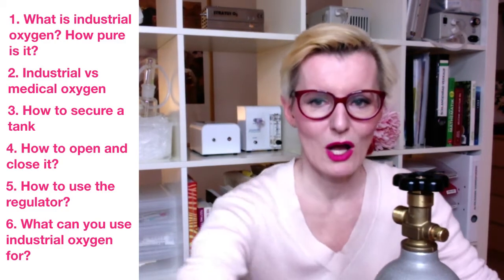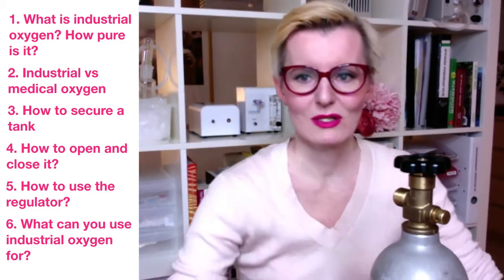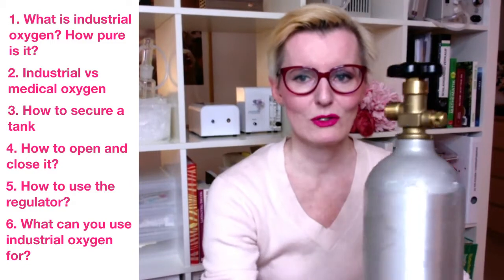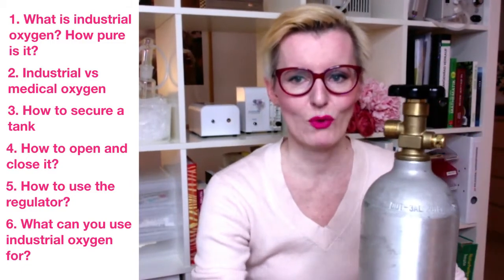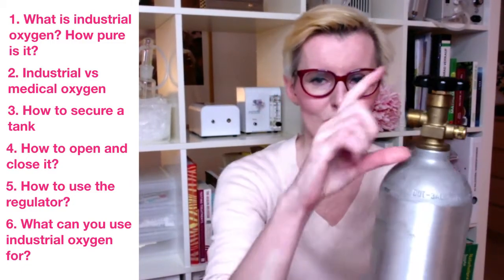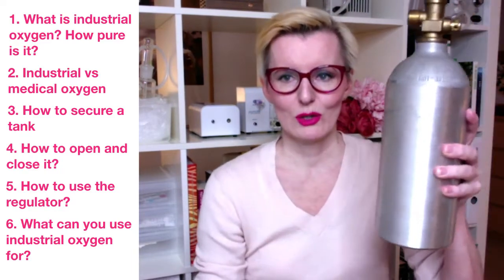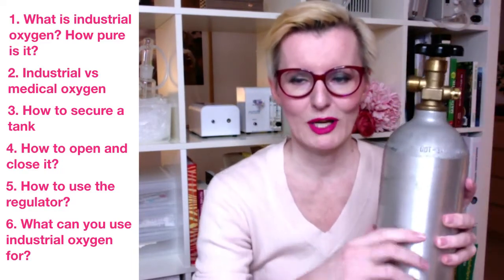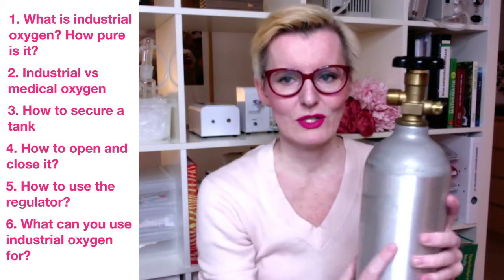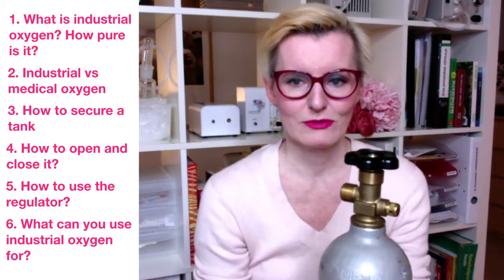So industrial oxygen comes in industrial or CGA 540 tanks. You see, this is the valve of an industrial oxygen tank. This is a cute little tank that you can buy from PromoLife, and this is a CGA valve.